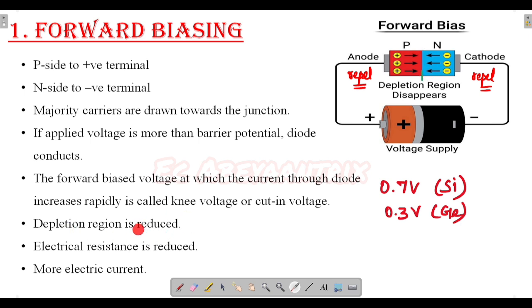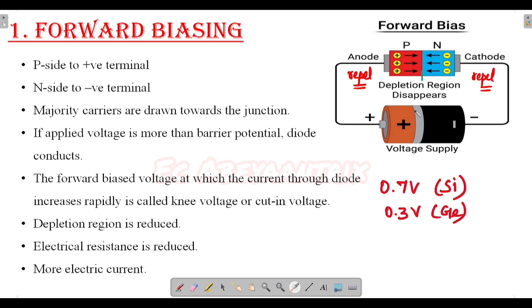As the depletion region width decreases, the electrical resistance across the junction is also reduced, and more charge carriers cross the junction. When more majority carriers cross the junction, obviously the current conduction will be more. So this is the process of forward biasing.